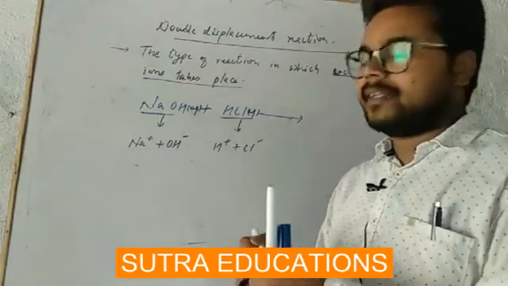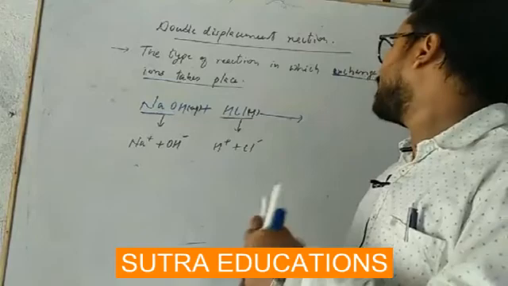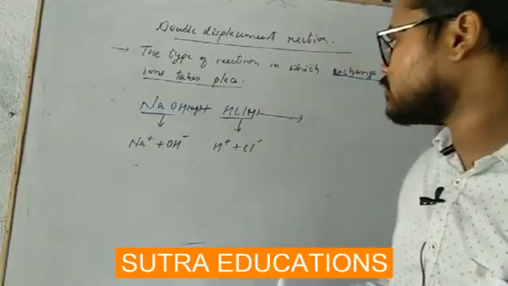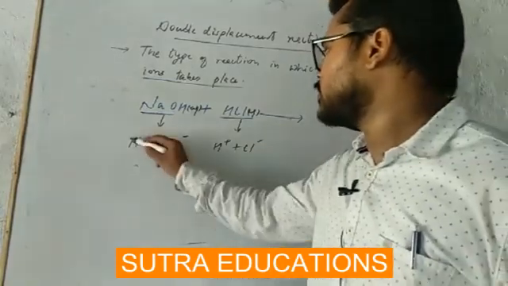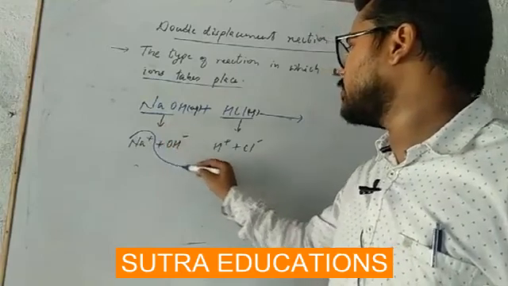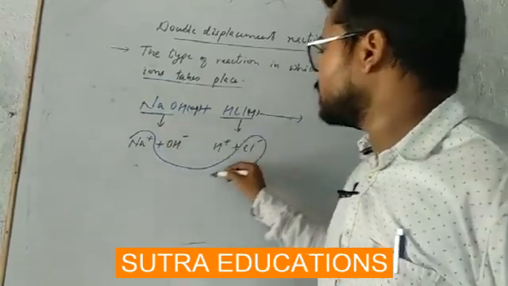Exchange of ions takes place. How? This positive Na plus gets combined with this negative Cl minus.